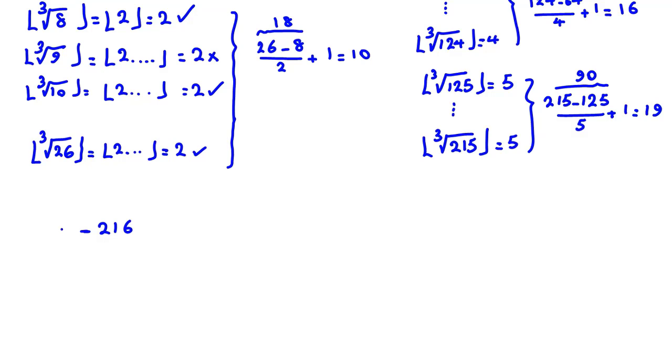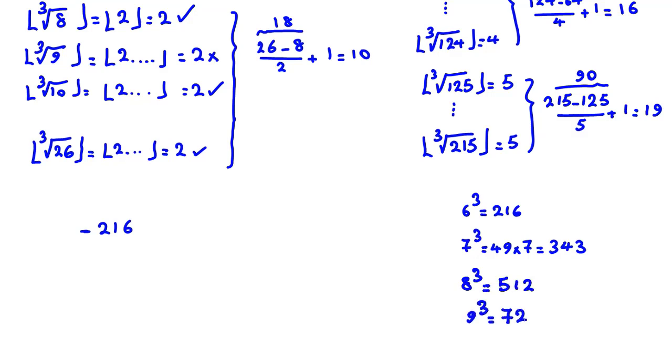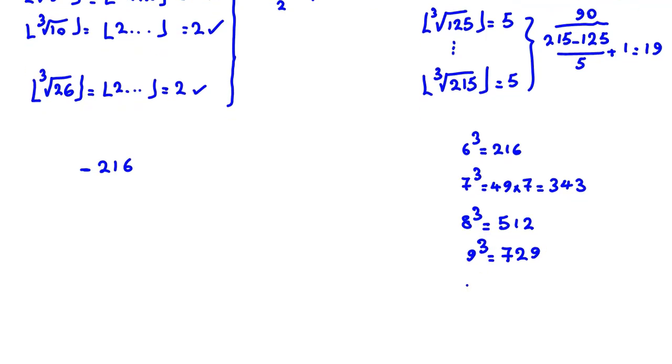Let's write the cubes. 6 cubed is 216. 7 cubed is 49 times 7, which is 343. 8 cubed is 512. 9 cubed is 729. 10 cubed is 1000. 11 cubed we should calculate.